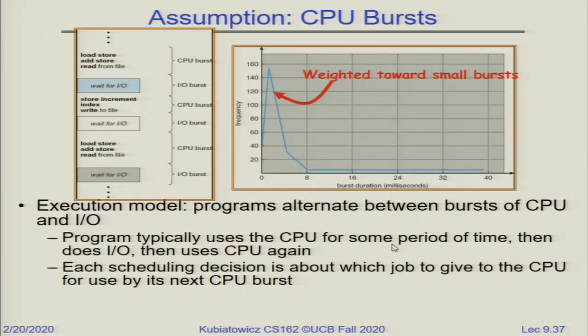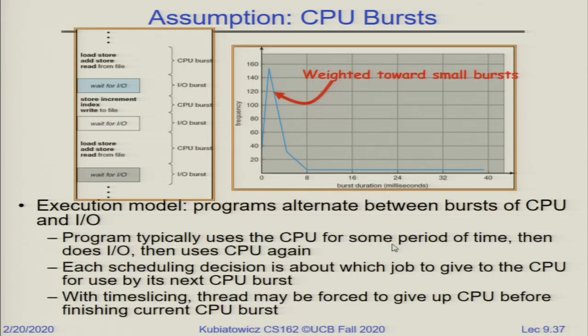Which one do you want to avoid being annoyed? Typing, right? You want to give precedence to the short ones, not to the long ones. So you could say, just by thinking about this for a few moments, that one policy that might make a lot of sense if you have a combination of interactive and long-running jobs is to give priority to the really short bursting things so that the person typing doesn't get annoyed, right?